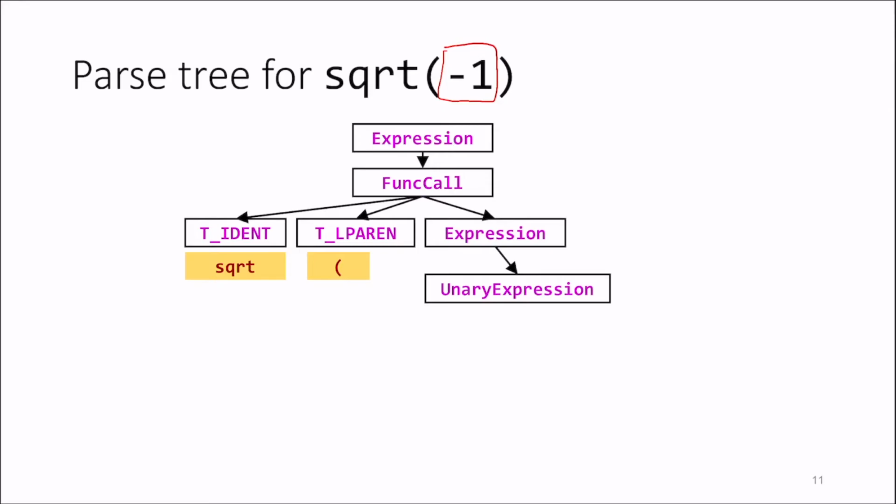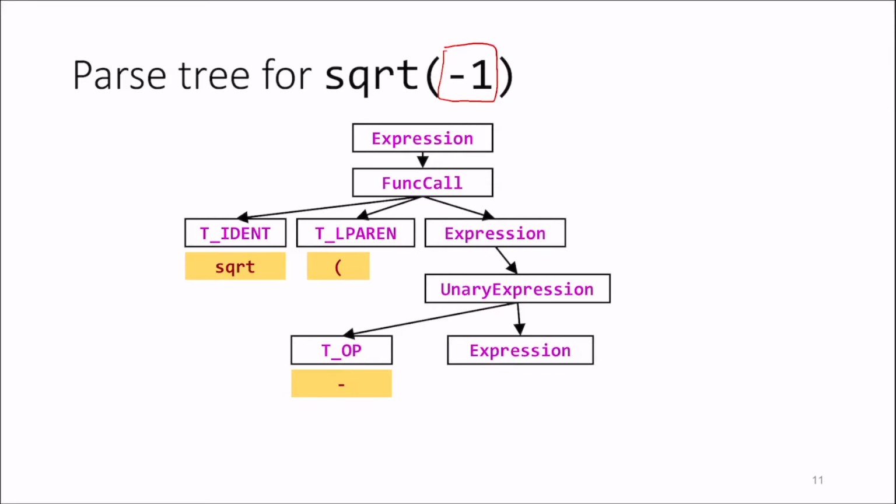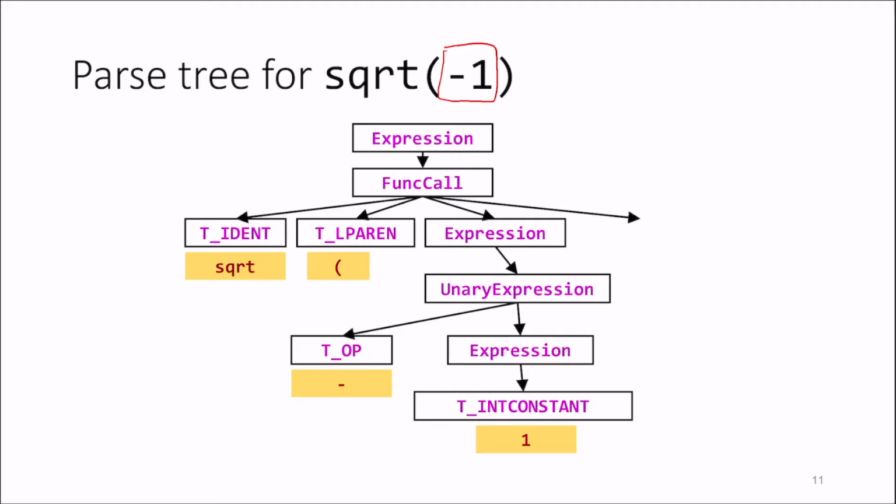This unary expression has a unary operator, a minus, and an expression after that operator. Again, it can be an arbitrary expression. In this case, it's a specific type of expression called an integer constant, and that's 1. And then finally, to get a valid function call, you also need a close parenthesis. Without the close parenthesis, you would end up with a syntax error.